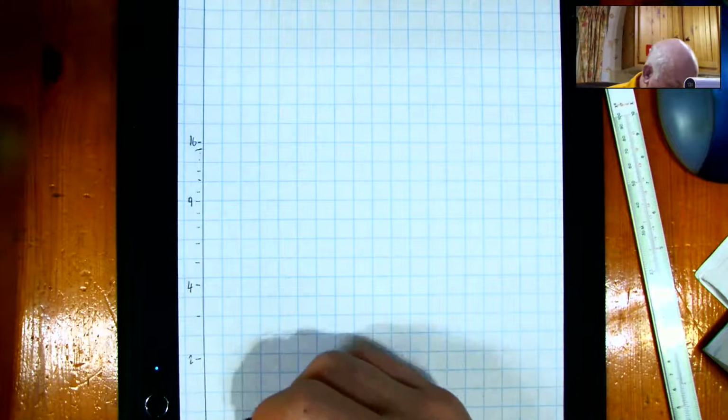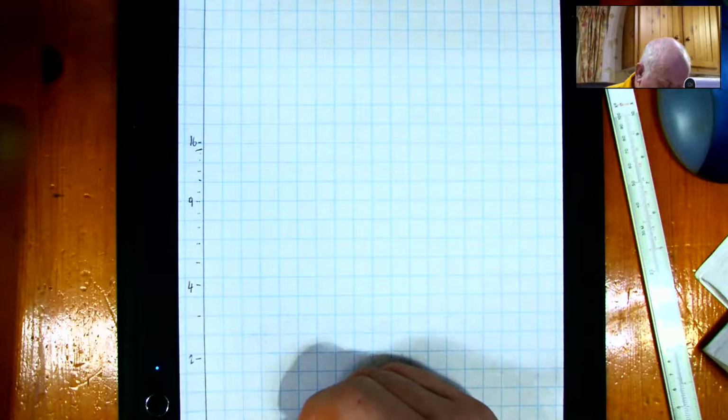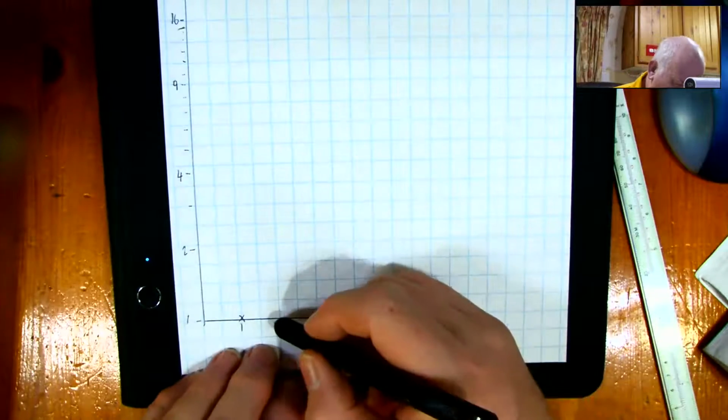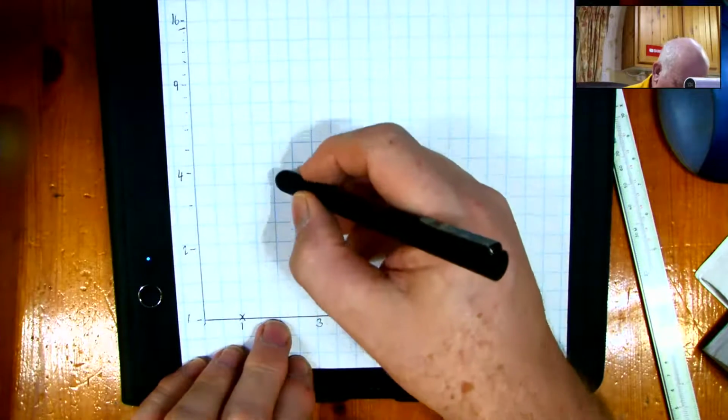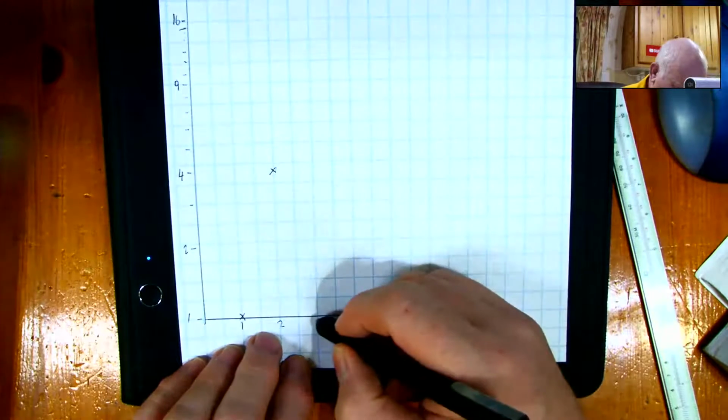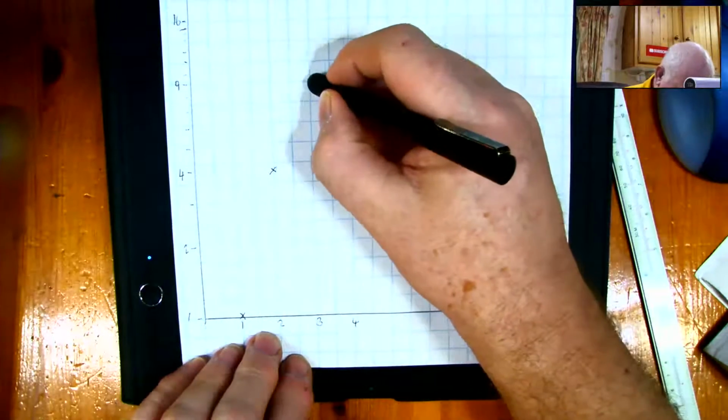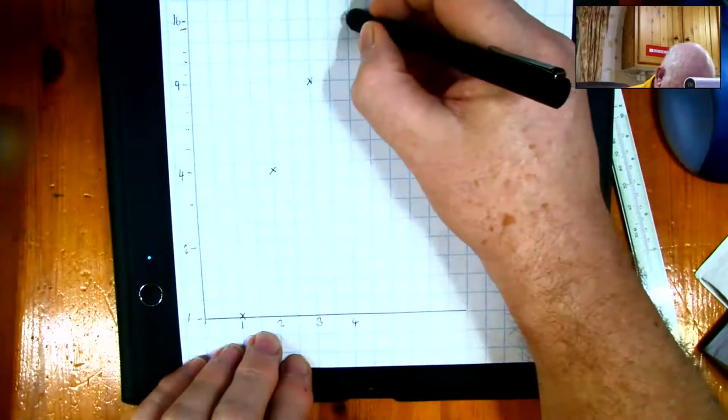So let's have a look and see what's going to happen if I draw in this sort of graph. And if I draw in this graph, 1, 2, 3, 4, I'm only going to go up to 4. 1 1 is 1. And we're going to get, that's right, I'm being told to move it up a little bit. Right, okay. 2 2s are going to give us 4, which is going to be about there. 3 squared is going to give me 9. 4 is going to give me 16.